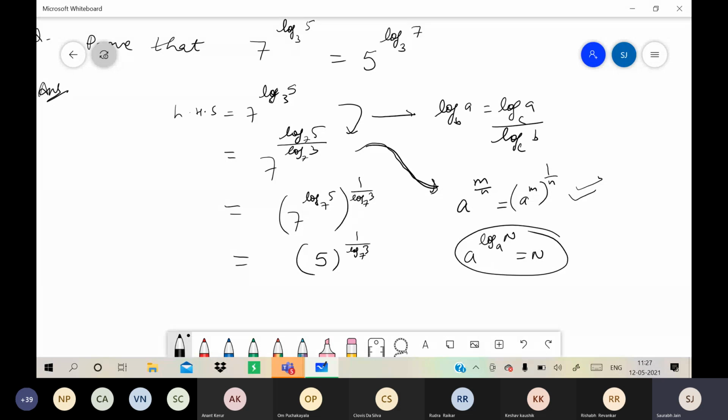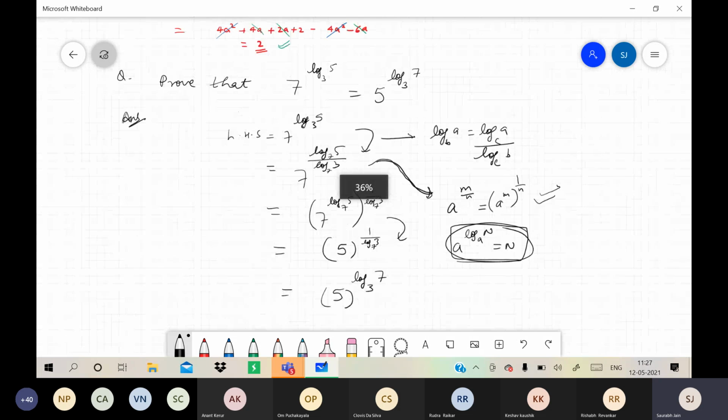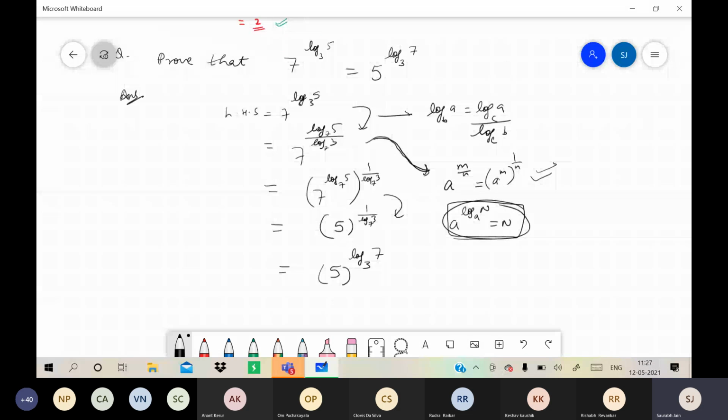Okay. Now, from here to here, we have used this property a to the power log n base a is n, so 5 will come, right? And at the last step you will use the reciprocal result, and according to the reciprocal result 1 upon log 3 base 7 can be written as log 7 base 3. Fine. And that is what you need to prove. See this, check the solution. If you have any doubt, ask me.